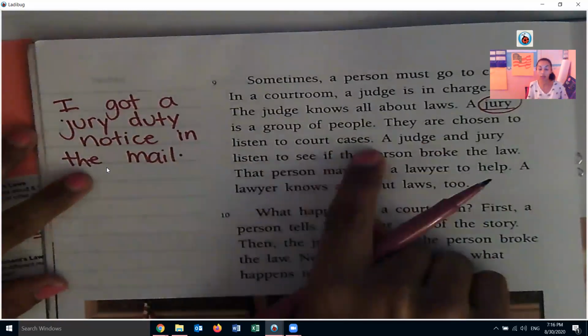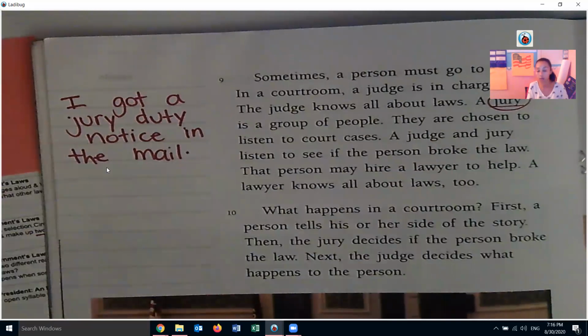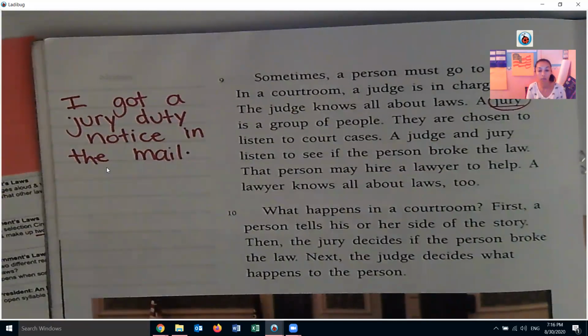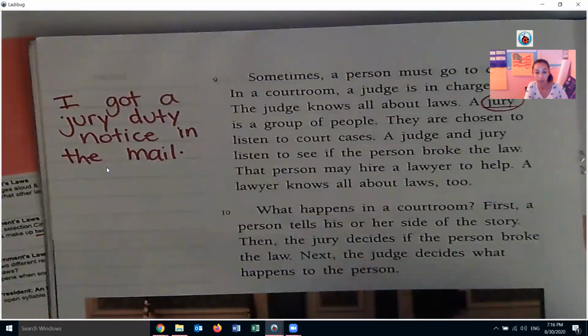So they send you a letter in the mail, and it'll tell you this is the day or the days you need to come to court, and you're just there listening to the different sides of the story, and you kind of give your opinion, and as a group decide, are they guilty, not guilty. But then of course, like the story says, the judge is the person that makes that final decision.